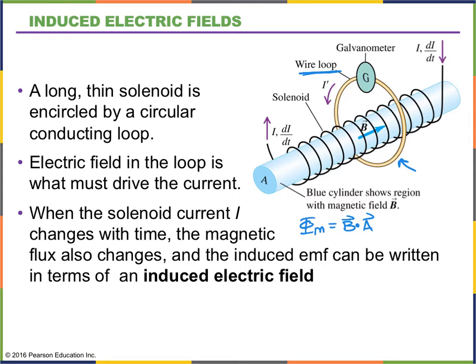There's a cross-sectional area that the magnetic field in the solenoid is passing through, and it's also passing through our wire loop. Now, if we create that magnetic field in the solenoid by a current that actually changes in time, then the magnetic flux is going to change.